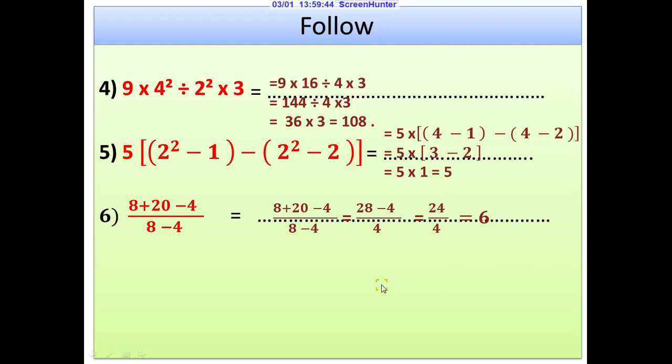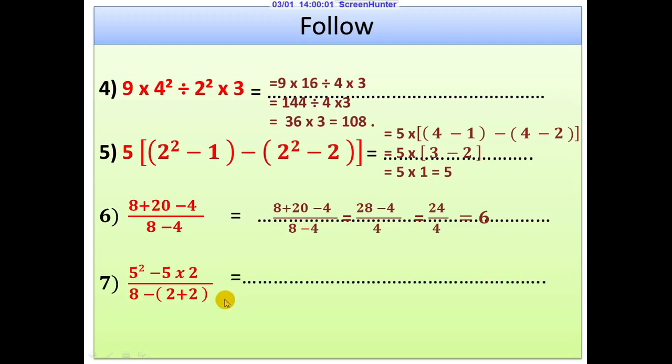Let's see more exercises in this part. We have number 7: 5 raised to power 2 minus 5 times 2 over 8 minus open brackets 2 plus 2. We do the numerator alone and the denominator alone. How? Like that. We have power in the numerator, so it will be equal to 25 minus 10.